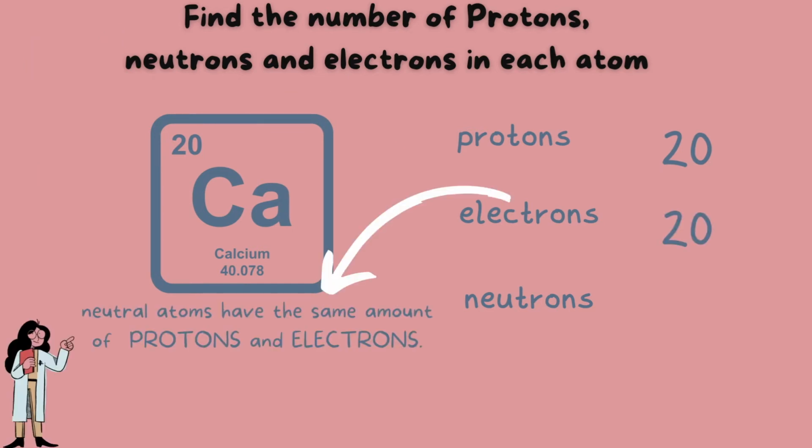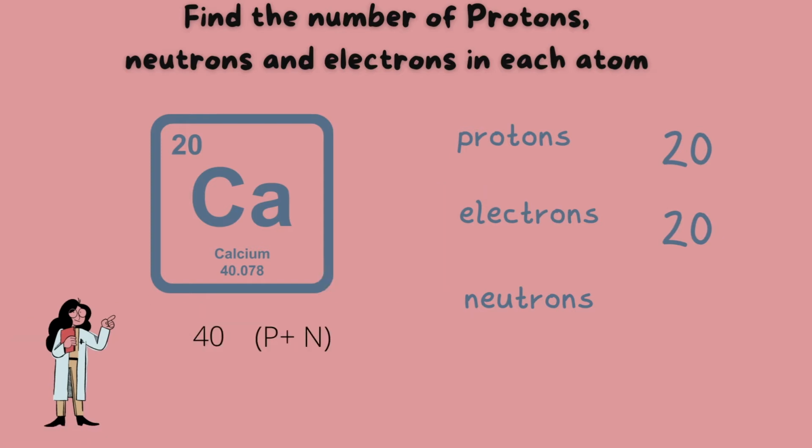We know it has 20 electrons because it is a neutral atom, the same number as protons. And now to find the number of neutrons, we take the atomic mass and subtract the atomic number. Because the atomic mass is the number of protons and neutrons, and the atomic number is the number of protons, we are left with the total number of neutrons, which happens to also be 20 in this case.